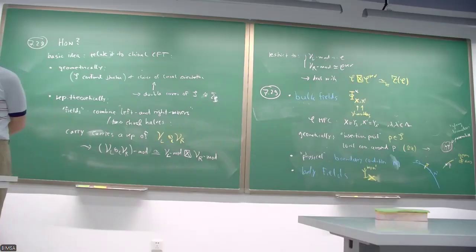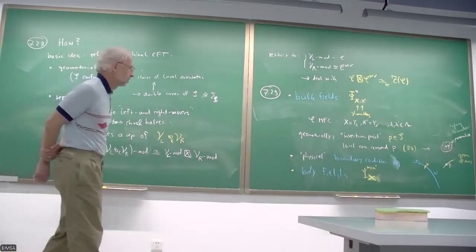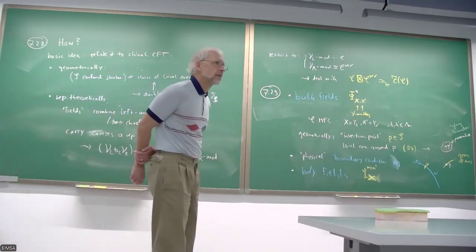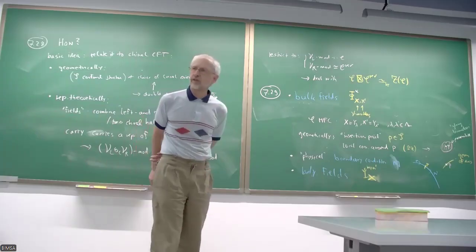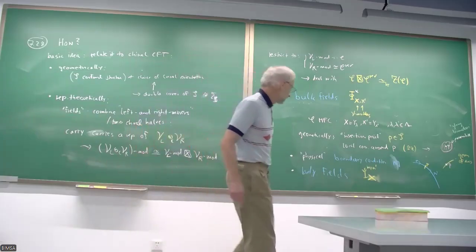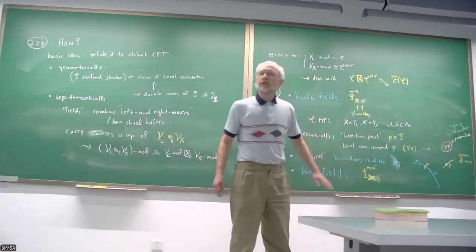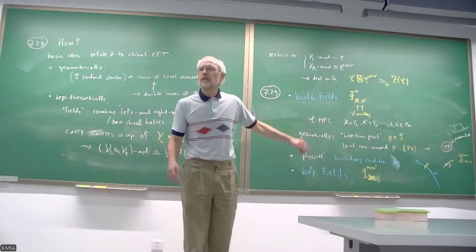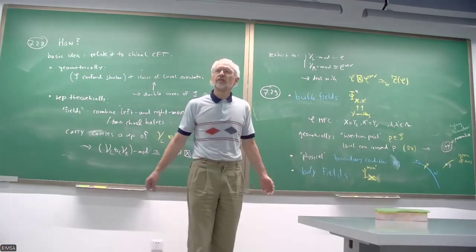And here, a word of warning: if you should read some literature by physicists or physics-inspired authors, very often they say, or you will see something either explicitly or implicitly, that on the boundary you have a chiral theory. This is simply not true.